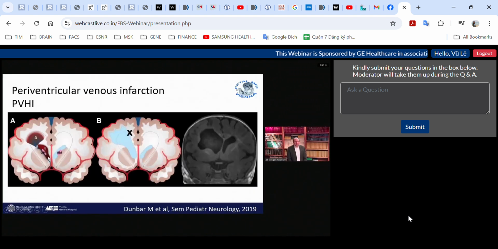And this is the mechanism. You see the hemorrhage, and this is obstructing the veins. Again, congestion, again, venous infarction, lesion to the brain parenchyma and the corticospinal tract, and this is the result we see usually postnatally.